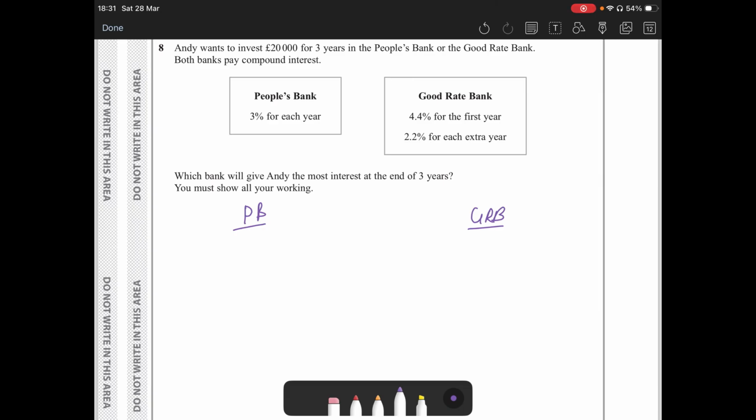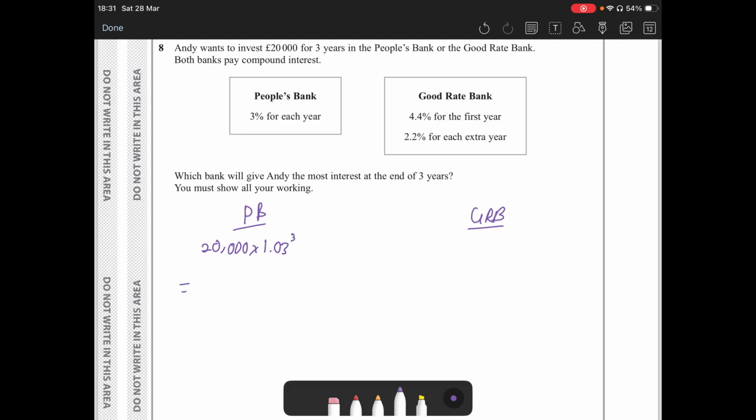So, the first bank account will take us £20,000, and the multiplier for 3% will be 1.03. And because he's investing it for 3 years, we'll raise that to the third power.